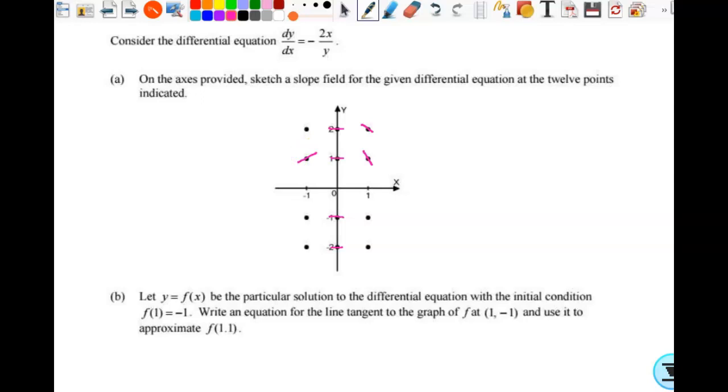When x is negative 1, y is positive 2, we get a positive 1, right? And negative 1 will give us a negative 2. I've got that backwards, hang on. I did those backwards.